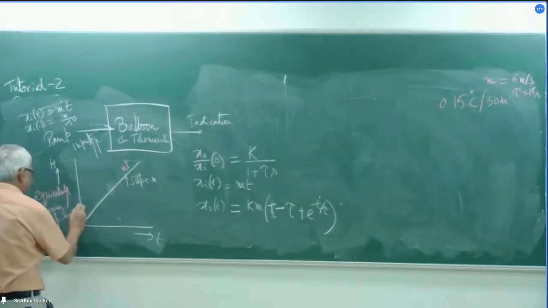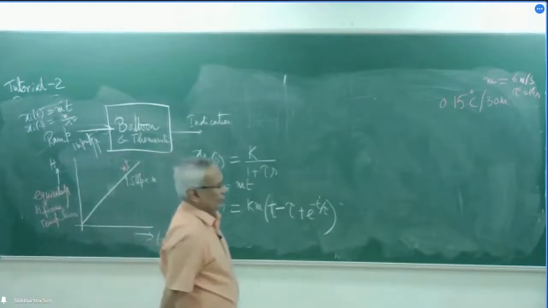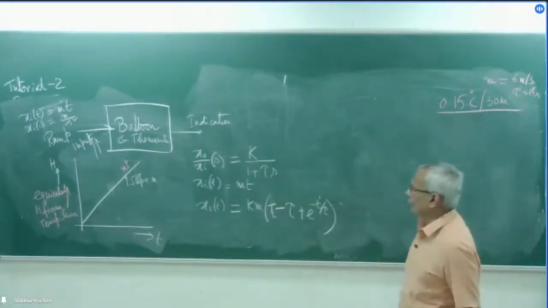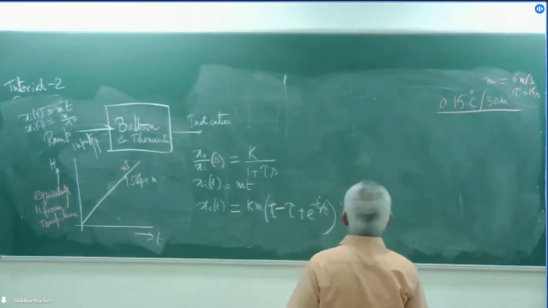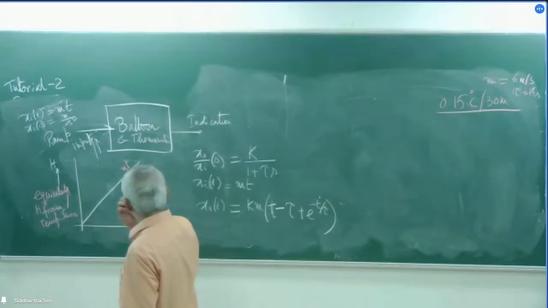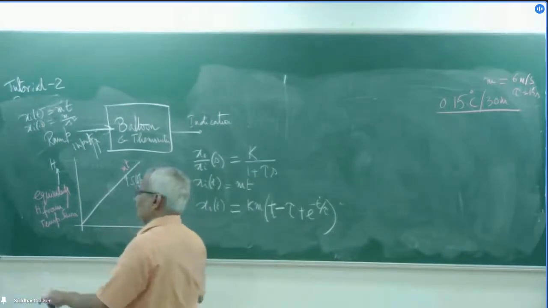We know it is decreasing at 0.15 degrees Celsius per 30 meter. So by measuring the temperature, we can get back to the height also.